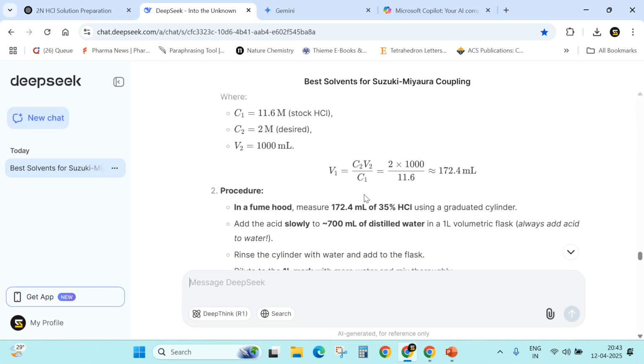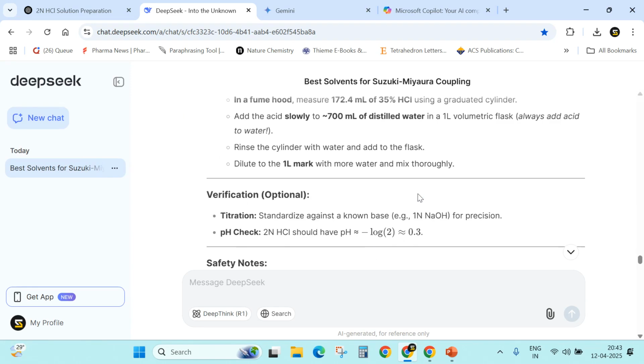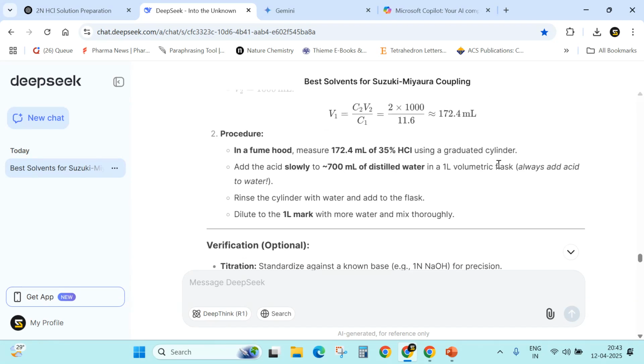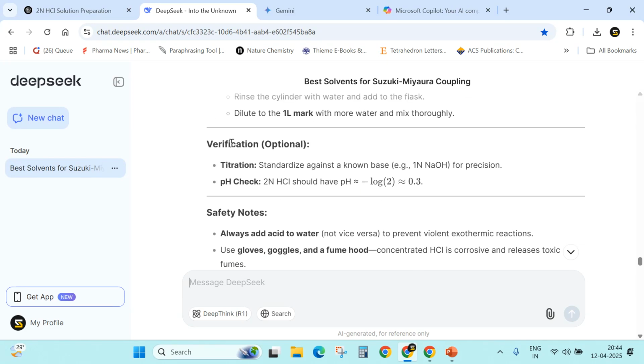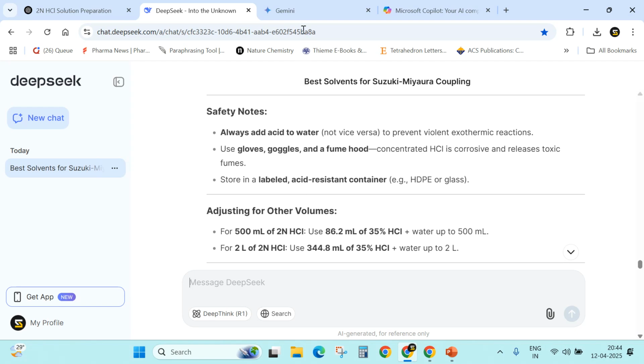They gave the same procedure, like dilute to 1 liter, add the mixture to the water, and also mention verifications like titration, pH check, and some safety tips.